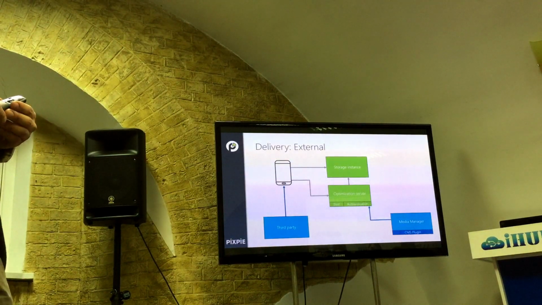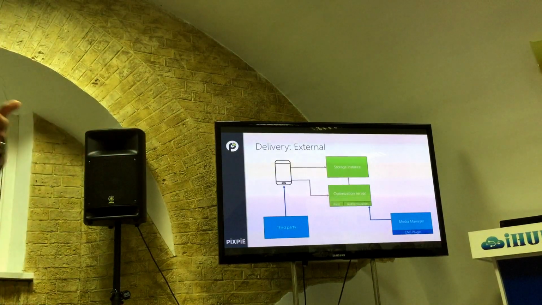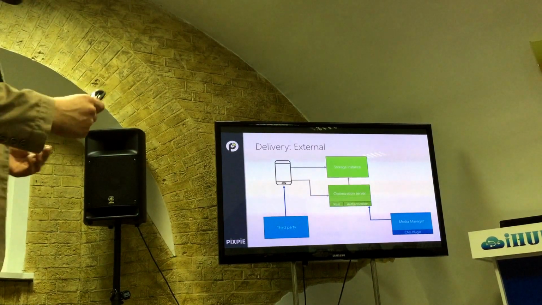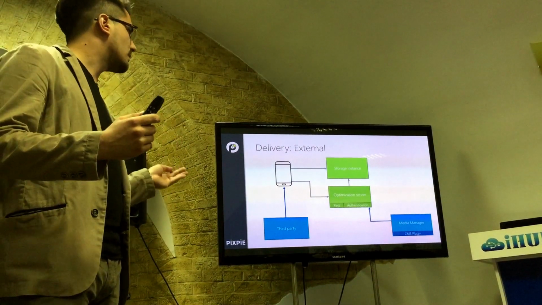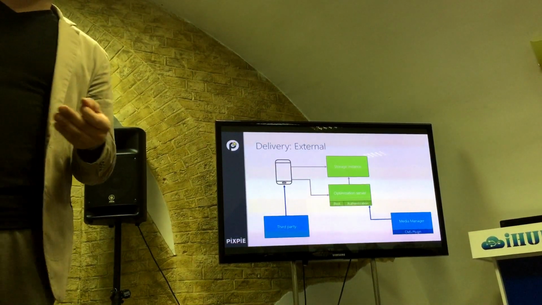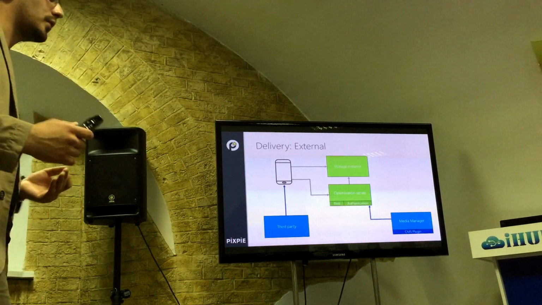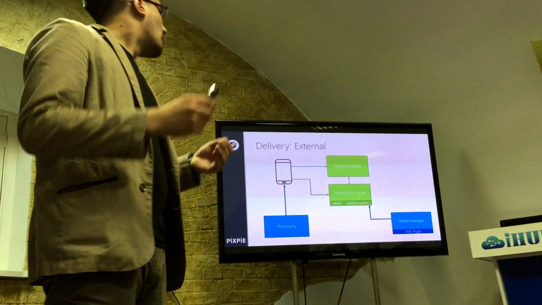So we have talked about the case when your users upload your media content. In the case of social media, some social networks and some messengers, it works perfectly. Your users upload their content through the optimization server, and it becomes available for other users. You can share it with a link, you can show the preview.